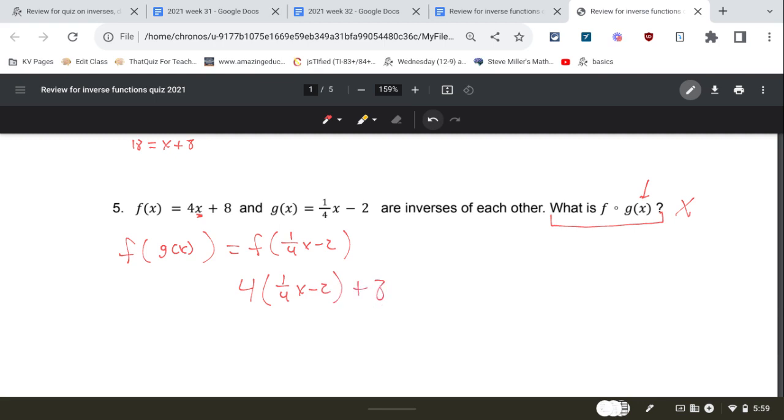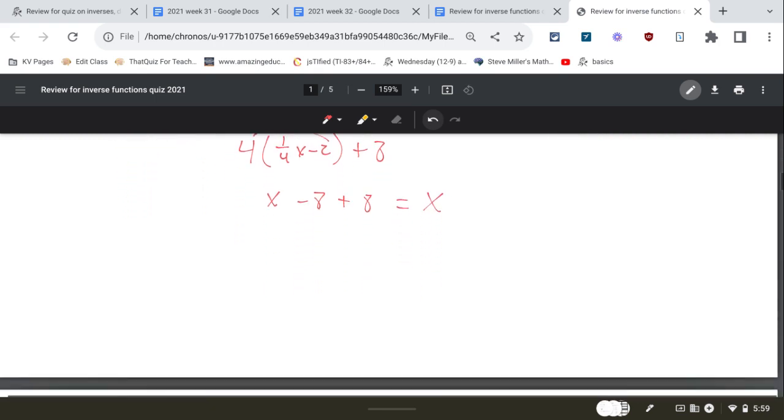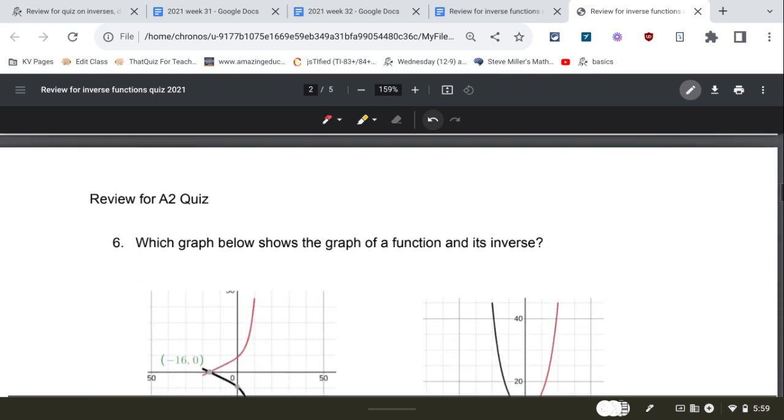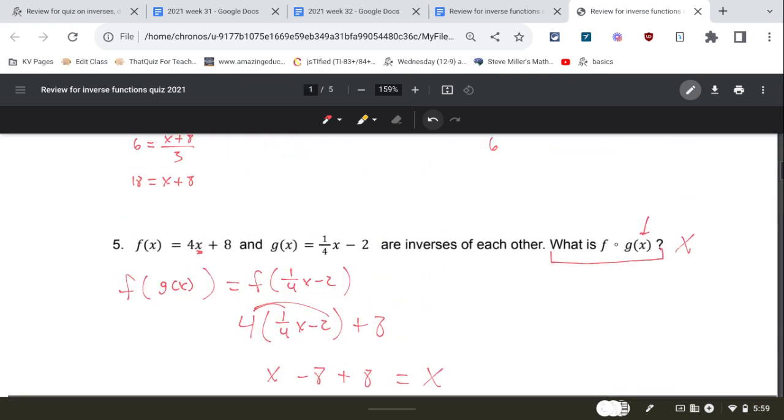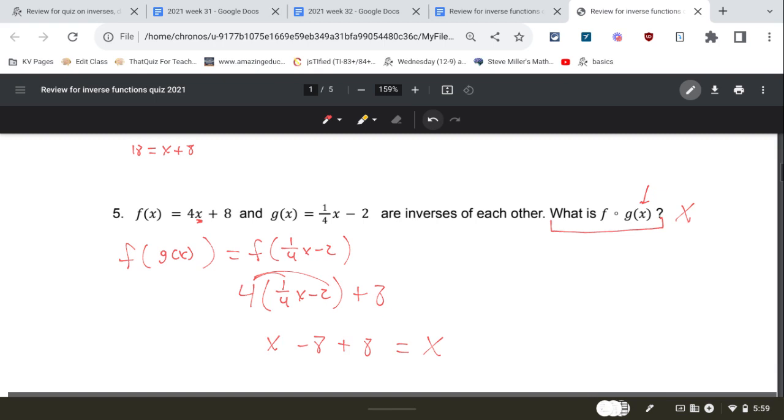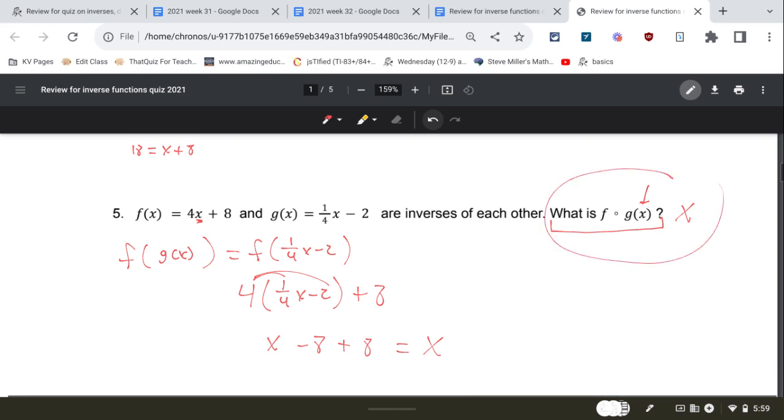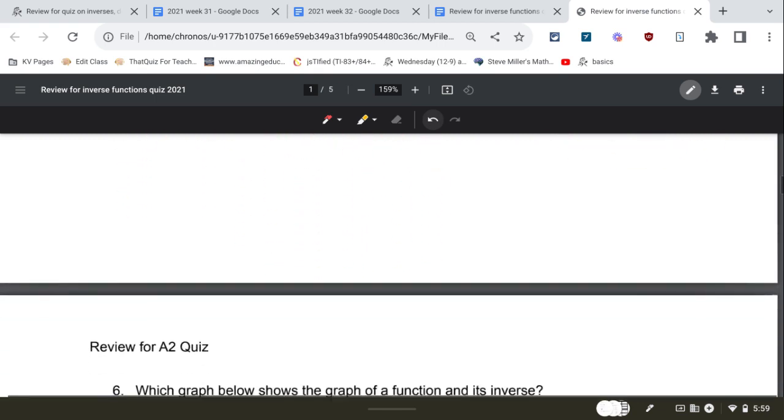And then by the time you work this out, that's going to become 1x, that's going to be negative 8. You're left with a giant x. There you go. But honestly, the easy way is just remember that when you compose two inverses, they cancel each other out. All right, that's what it means to be inverses.